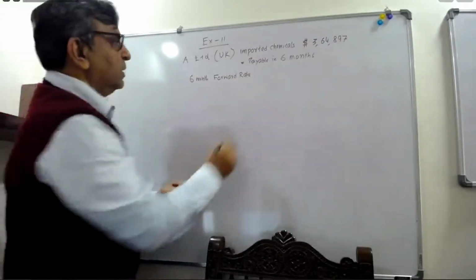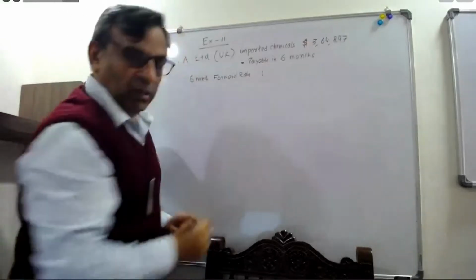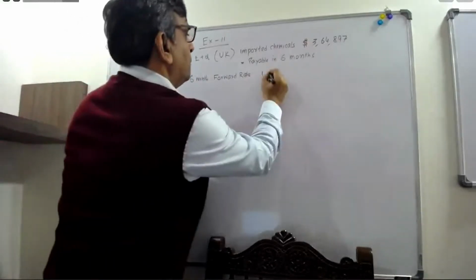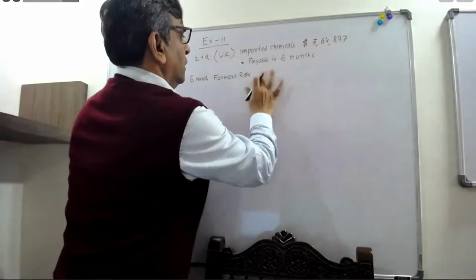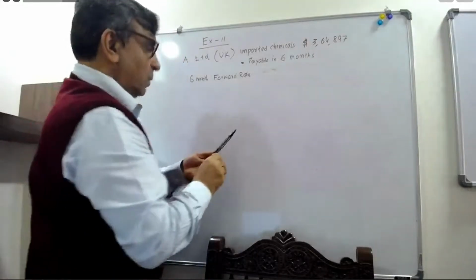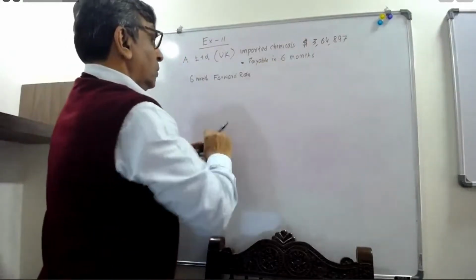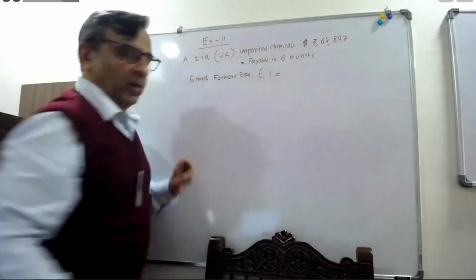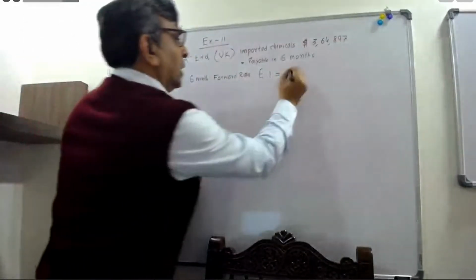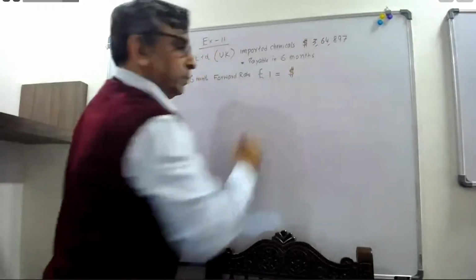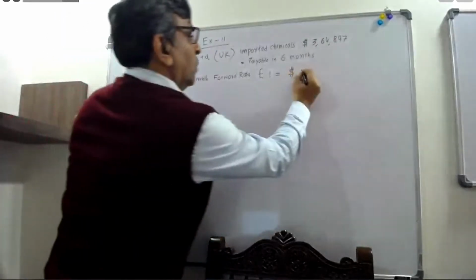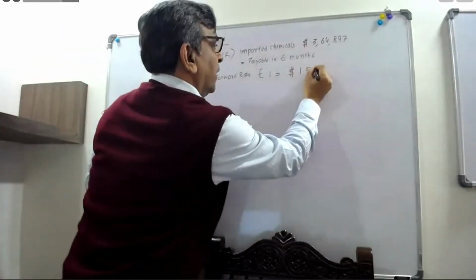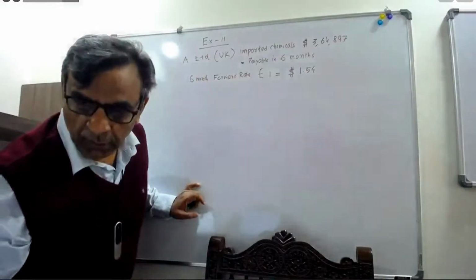The 6 month forward rate is given that £1 equals $1.5455.